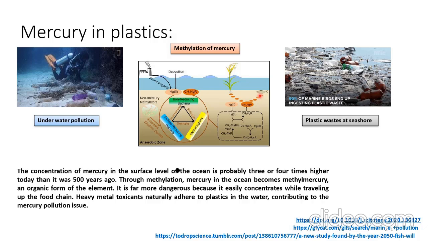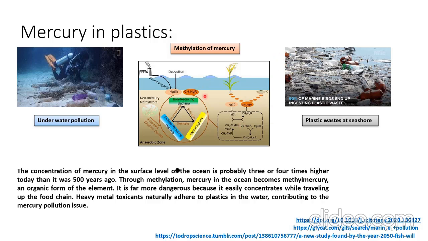So what happens? The mercury gets methylated and becomes methyl mercury, which is an organic form of the element, and it causes more danger. It is far more dangerous than the ionic form, and it easily concentrates while traveling up the food chain.